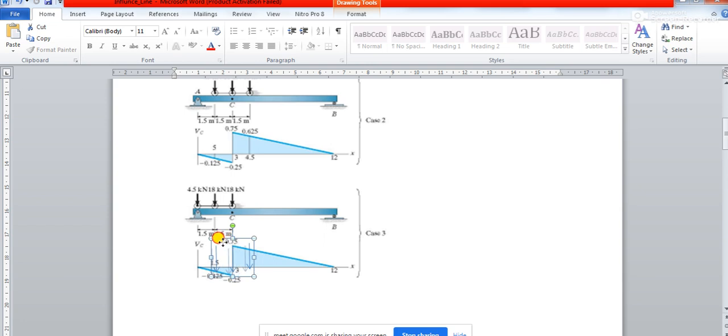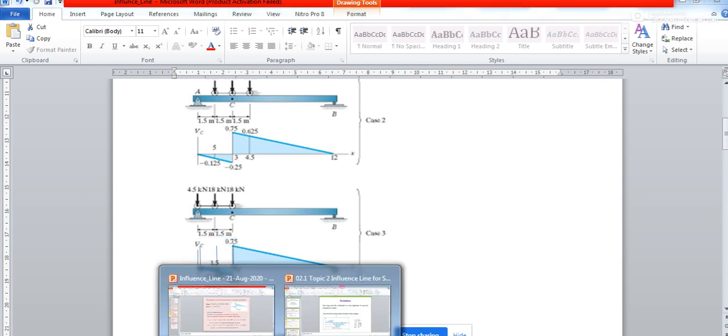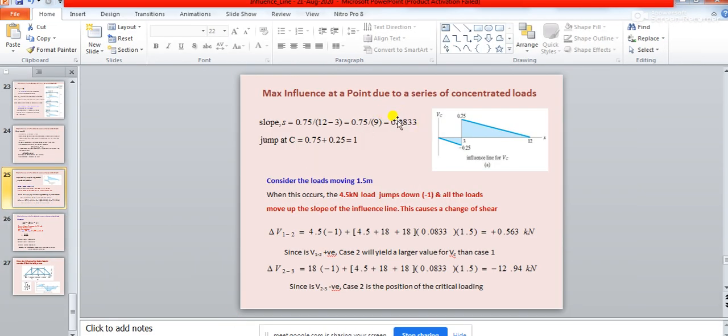If you observe the end load, it is moving up this slope, right? And the slope is exactly the same, so it will be moving up by a slope of 0.0833. So that is going to be 18 multiplied by 0.0833 multiplied by 1.5.